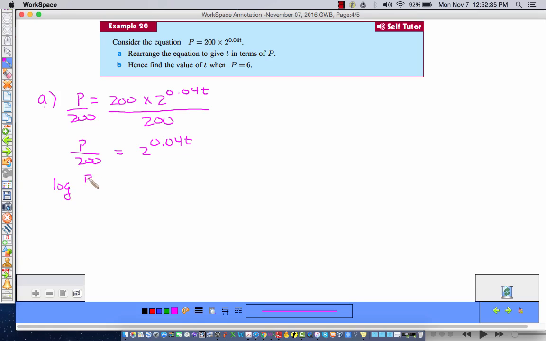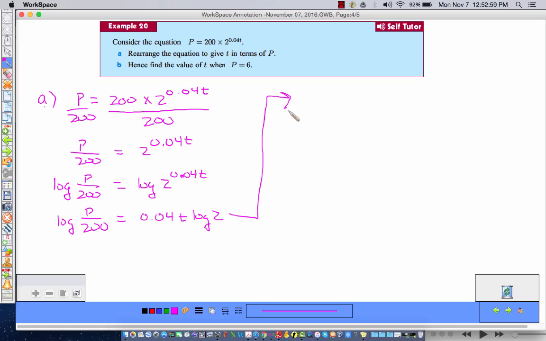Log of p over 200 equals log of 2 to the 0.04t. Okay. And then I would have log p over 200 is equal to 0.04t times log 2.